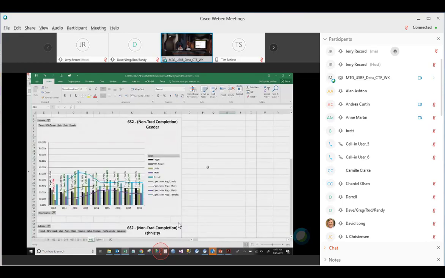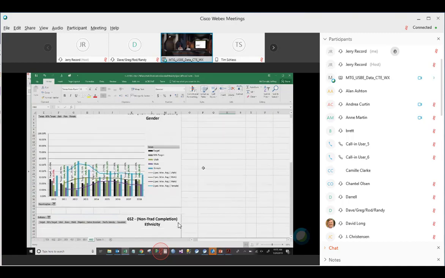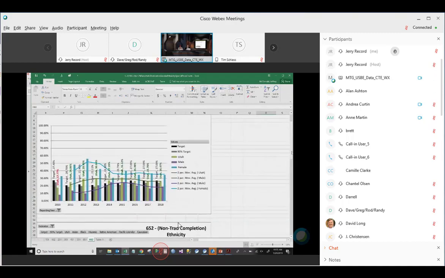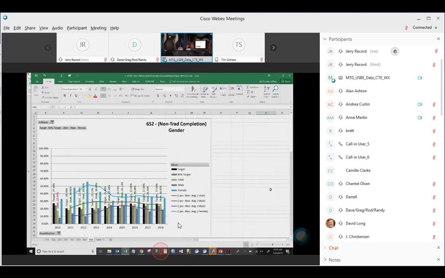Here's our gender chart. We had some really big gaps in 2012, and it tends to close in these last few years. Females completing a lot higher than males in this measure.